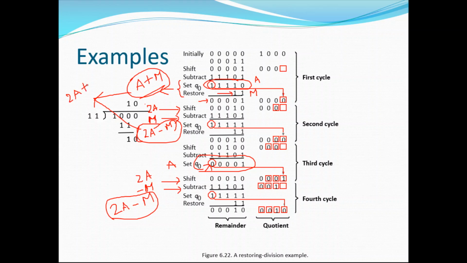Instead of performing a plus m and 2a minus m separately, we can combine these two steps into one step, which is nothing but 2a plus m. But you may ask, how do 2a minus m and a plus m become 2a plus m?